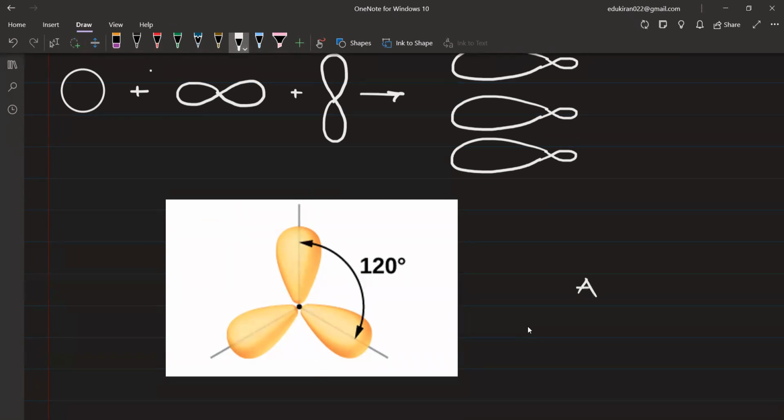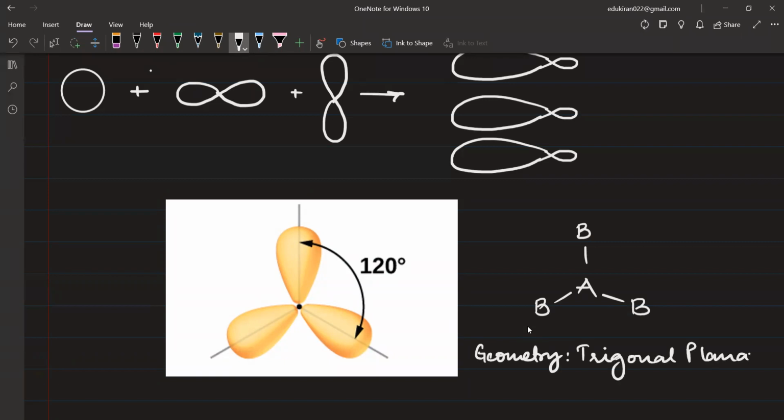And we can write it like this: B is here, B is here, and B is here. So the geometry is going to be trigonal planar structure. As you can see, the surrounding atoms are making a triangle. So it is going to be trigonal planar.